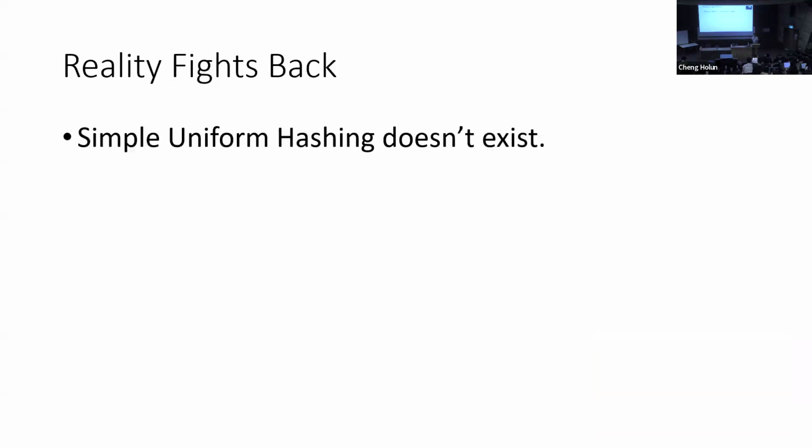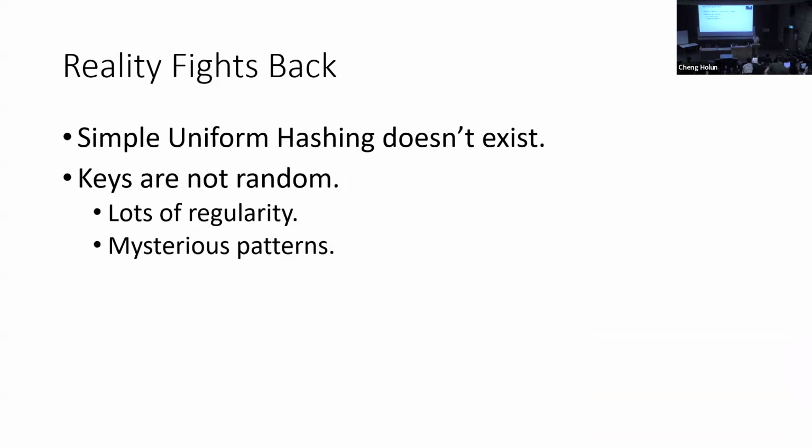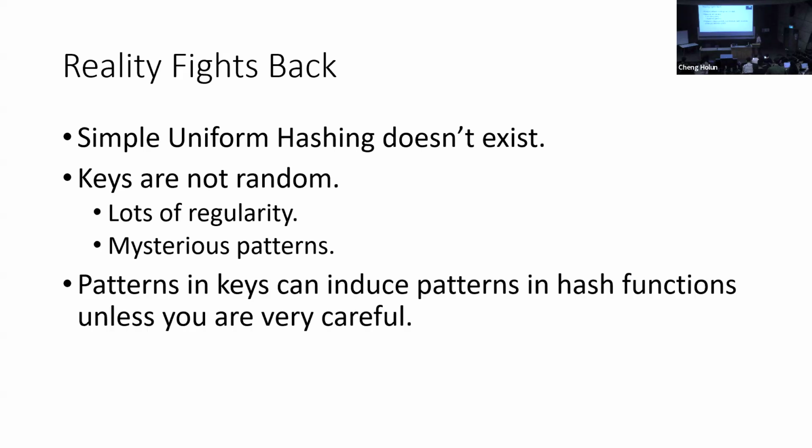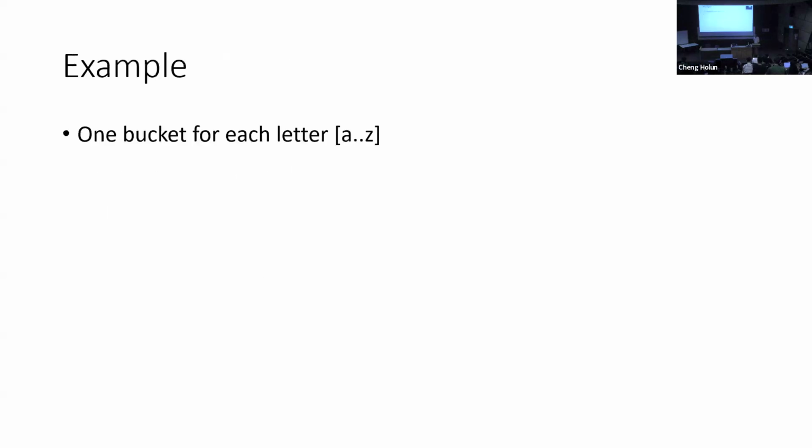Reality fights back: we actually do not have simple uniform hashing. And also, your data is not cooperating. What does that mean? Our data are not random. Some data, your keys have a lot of patterns in them, hidden patterns. The patterns in the keys can affect your collisions.